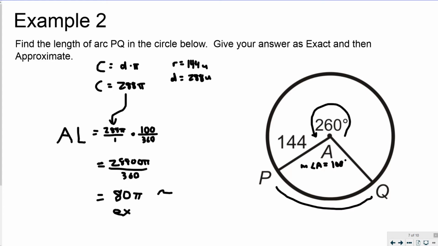And so the approximate one would be when I type in 80 times pi into my calculator, and it would be approximately 251.3 units, because it's 0.32, and we're going to round to the nearest tenth. So there's my approximate answer.